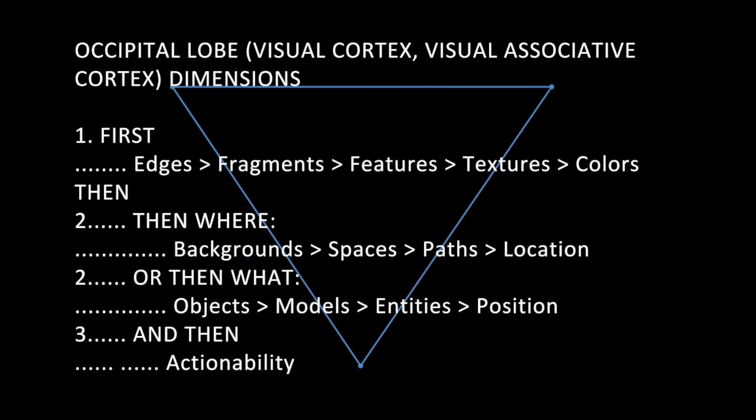The occipital lobe, in our visual cortex, which deals with edges, fragments, features, and then divides into background, spaces, paths, or locations, the where division, or the what division of objects, models, entities, and position. And then lastly, we integrate that into what's actionable or manipulable.